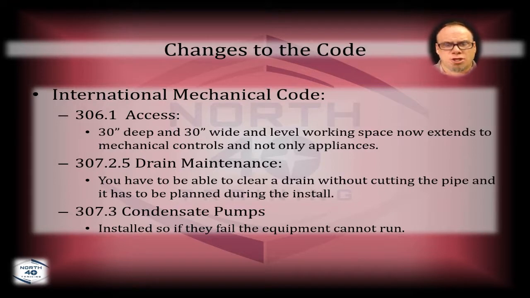If your condensate drain coming out of the pan is larger than that, so your connection at the pan is larger than that, then you have to drain out that bigger size the entire way. So you can't minimize the size of that drain. If it's smaller than 3/4, you've got to increase it to 3/4 and finish draining it out, unless doing so changes the functionality of the equipment.